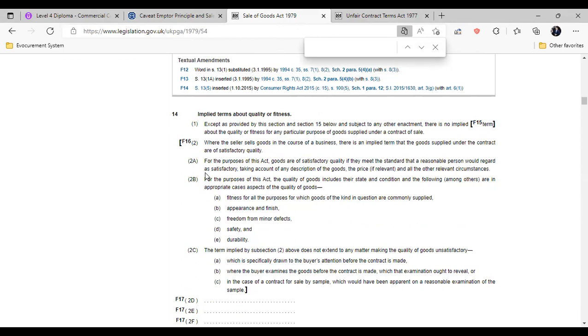It means that even when the buyer still has the options and he selects from the seller, the seller is still liable to supply goods of satisfactory quality.